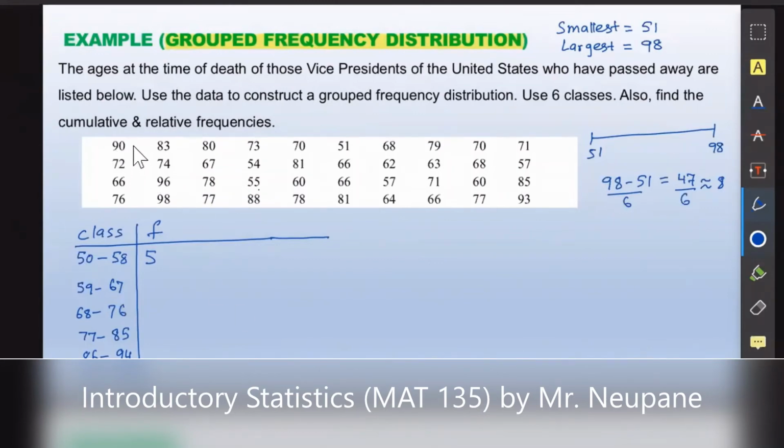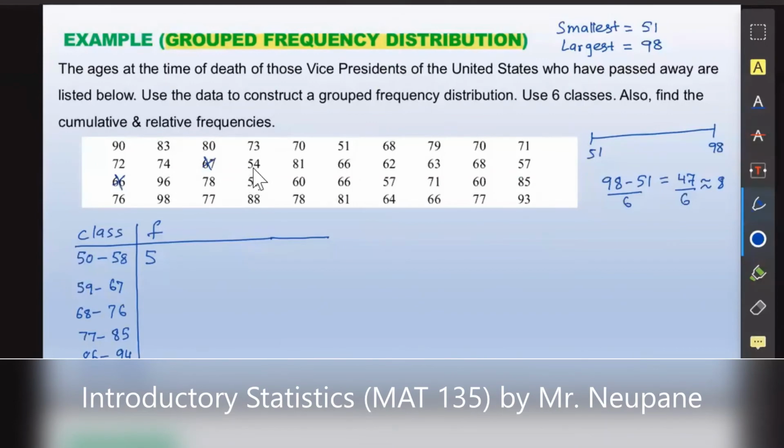Let's all look at the screen. Do you have any number here between 59 and 67? 66, 1. Any number here, 59 through 67? No. Any number here? Yes, 67.